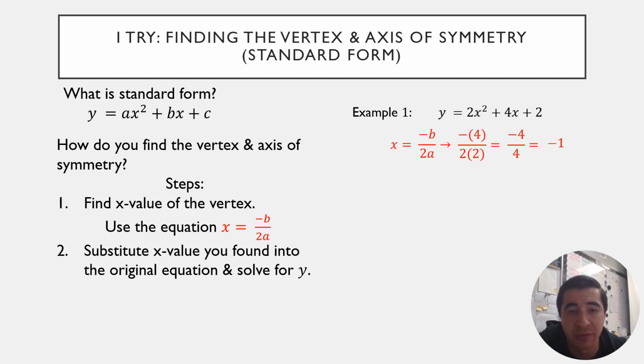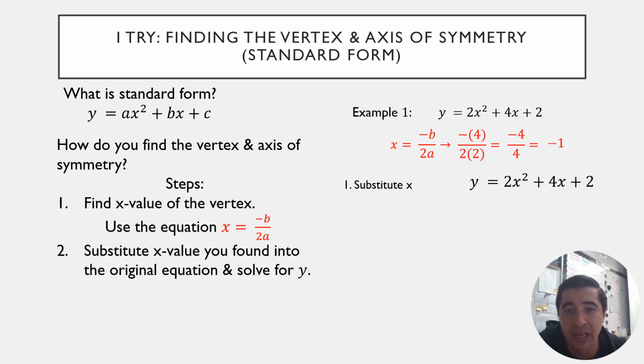So second, to find our y value is to substitute the x value you found into the original equation and solve for y. So I would rewrite my equation as y equals 2x squared plus 4x plus 2. And first, I would want to substitute the x value here.